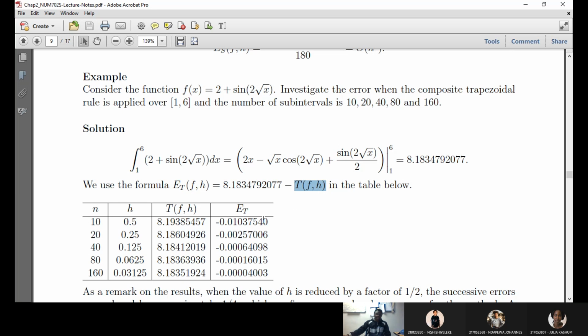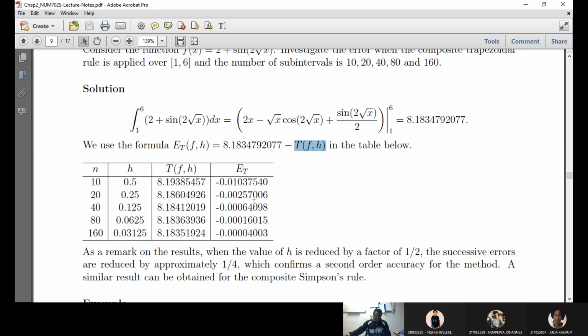So for each value of h or n, if we change the value of h, the rule will give us T of h for each h, and that's what you can see here. When we have this T of h, we substitute into this formula. It will give us the error term. The exact error term is this one. So the trick is we just use the formula, and we write the error term as the difference of the definite integral minus the rule. So when we compute, this is what the error term gives us.